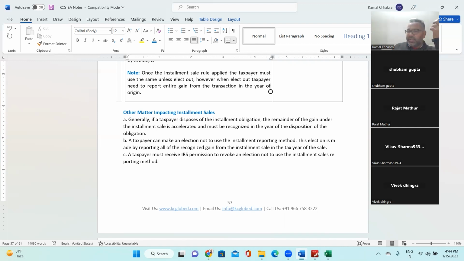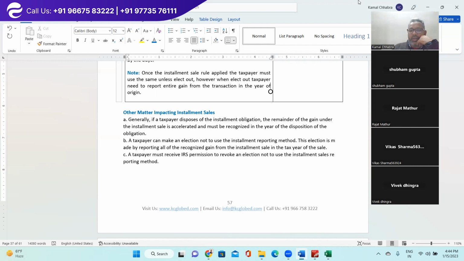So if you have sold the asset on installment and you have disposed of the entire obligation, which is due to you on account of the installment sale, in the current year itself, then whatever the remaining gain is gets recognized.